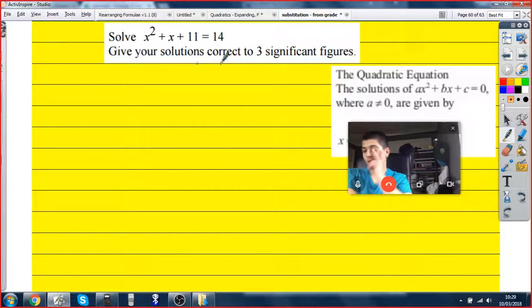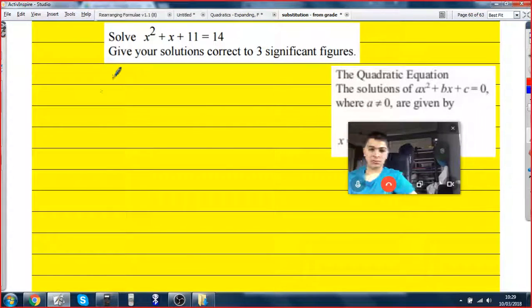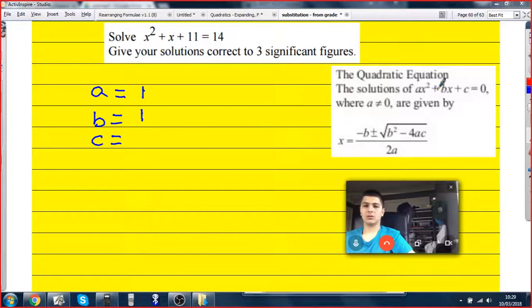Okay. This one, what's A, what's B, what's C? A is 1 and B is 1 and C is 11. So there's a trick for this one. This formula works when it's ax squared plus bx plus c is equal to 0. Oh, and it's equal to 14. So would I do 11 plus 14 or minus 14 to get the answer?